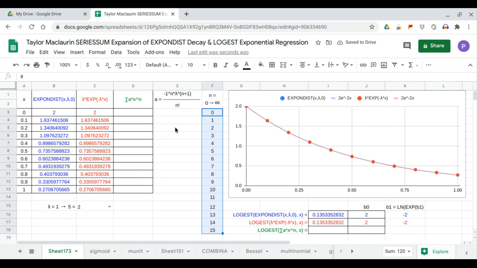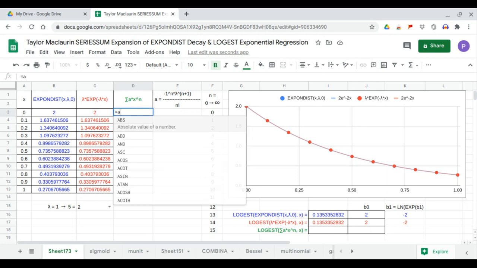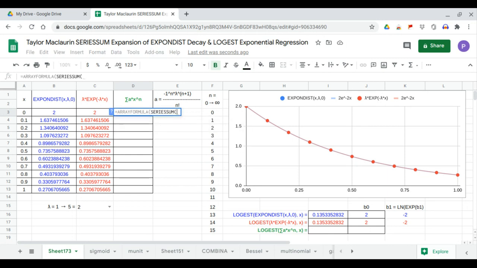Yeah, 15 is good. And our series sum. So array formula, series sum of the x values raised to the power n, where n starts from 0, incremented by 1. And the coefficient will be this range.